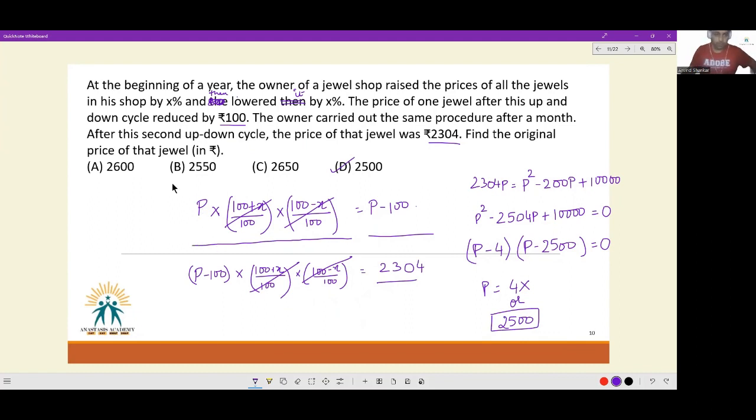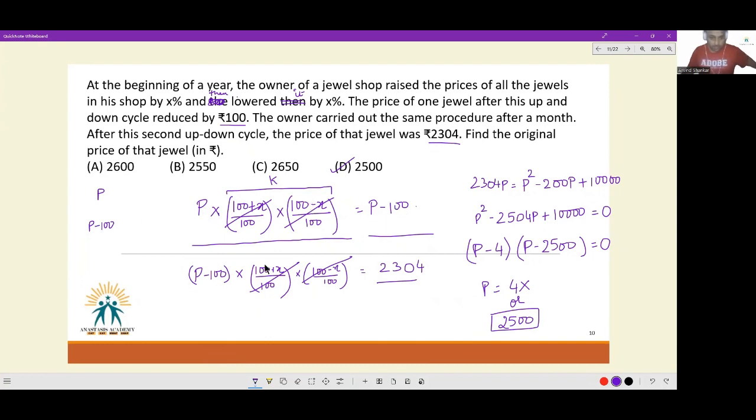See, from P to P minus 100 we have got. And how have we got that? When I multiplied this entire expression, 100 plus x by 100 and 100 minus x by 100, I'm calling this entire thing K. When I multiplied P with K, I got P minus 100.